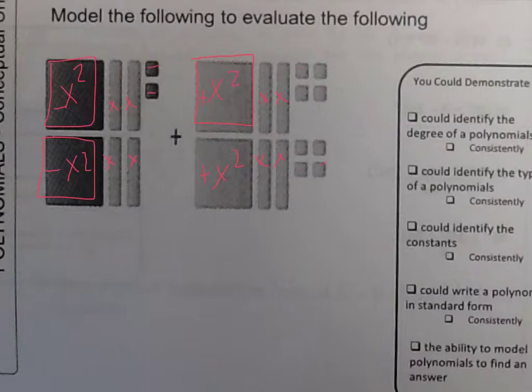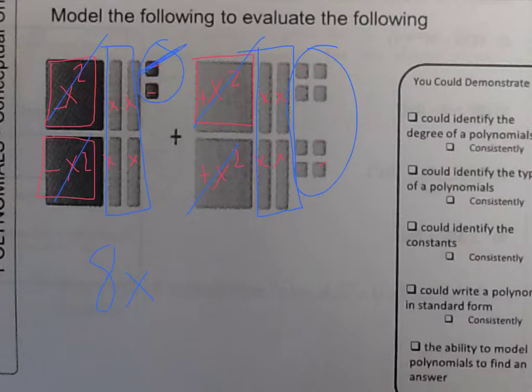Okay? So to combine them, this guy cancels out that guy, this guy cancels out that guy. There's no x squares, so we don't write anything down. We look at our x's. These x's are exactly the same as these x's, and I have 8 of them, so I have 8 x's. And then we deal with these guys.